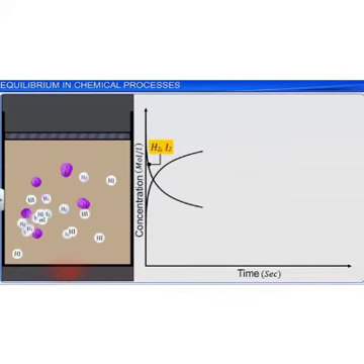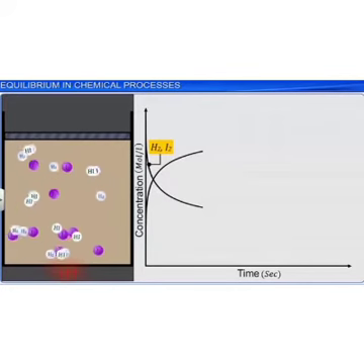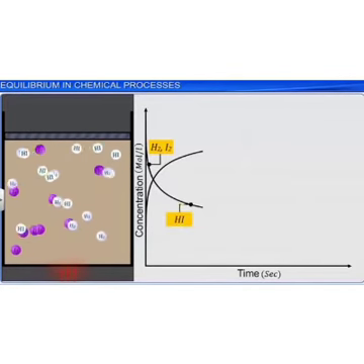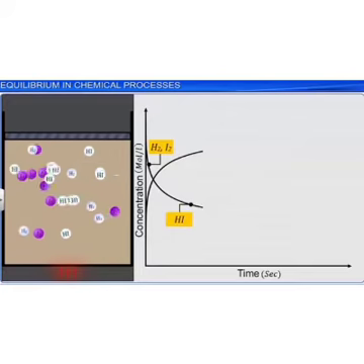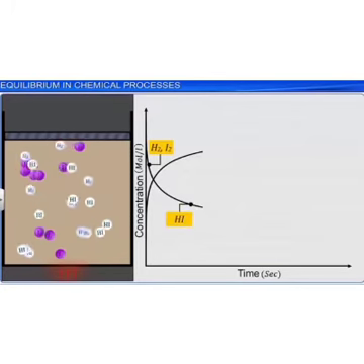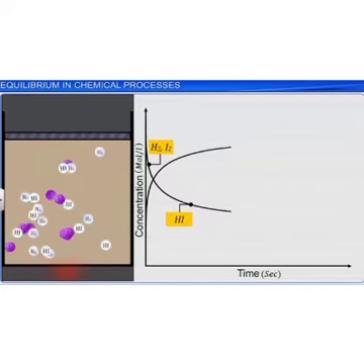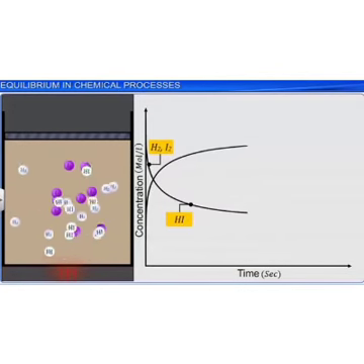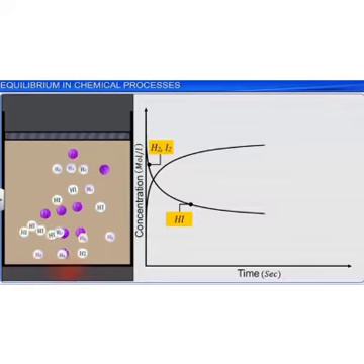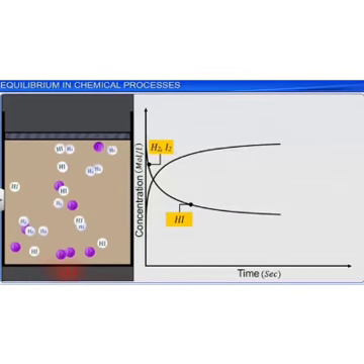On the other hand, the concentration of hydrogen iodide increases with the progress of the reaction. As hydrogen iodide accumulates, the backward reaction of hydrogen iodide decomposing to hydrogen and iodine becomes significant.